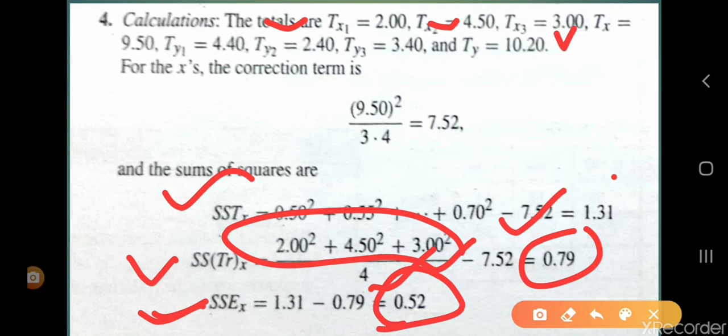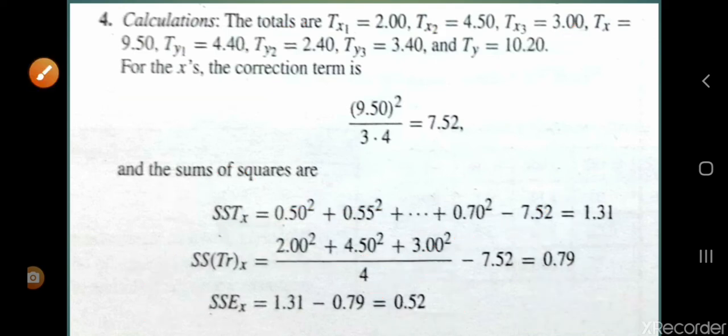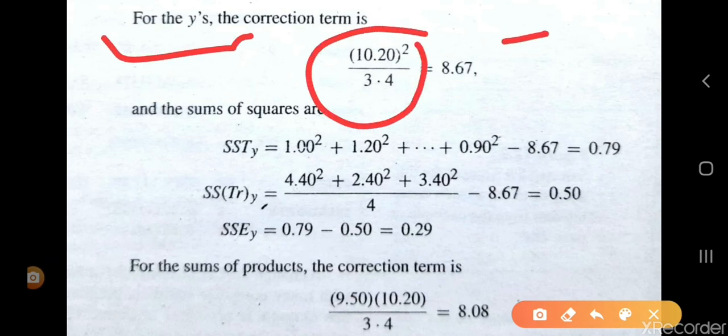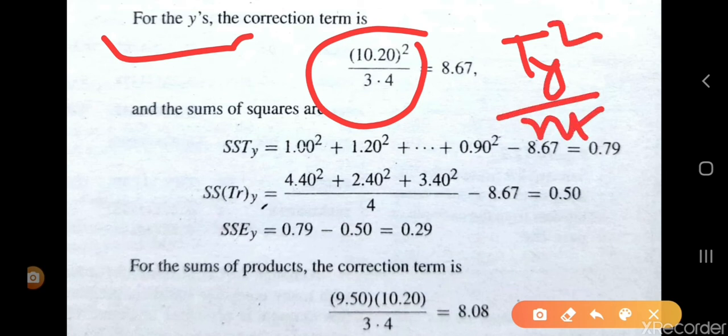Similarly we will calculate all the terms for y. So for y we will first calculate the correction factor, that is total ty square divided by n into k. n is 3, k is 4. So this will give us c.